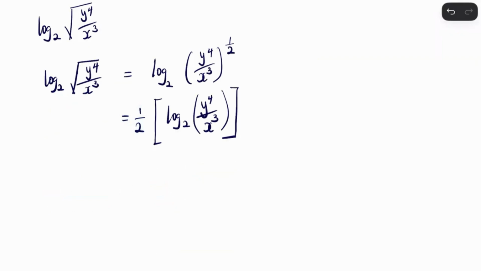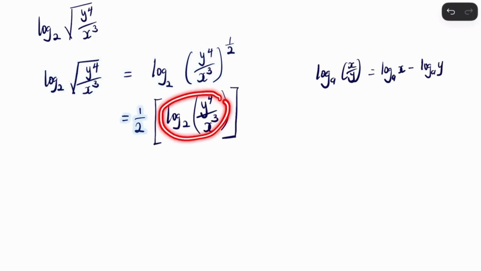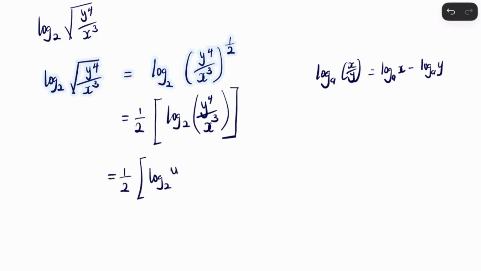From the laws of log, suppose you have log of a, then x on y. This is equal to log of ax minus log of ay. So we can apply the same law here. So we are going to have 1/2 out, log of 2 y exponent 4 minus log of 2 x exponent 3, right?